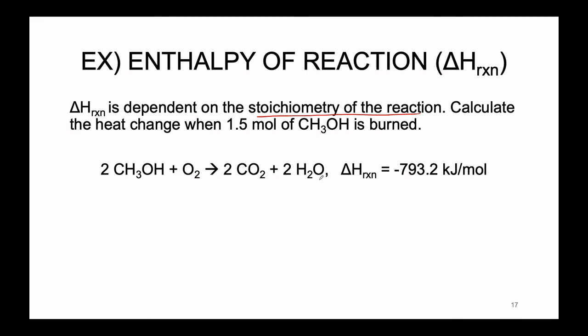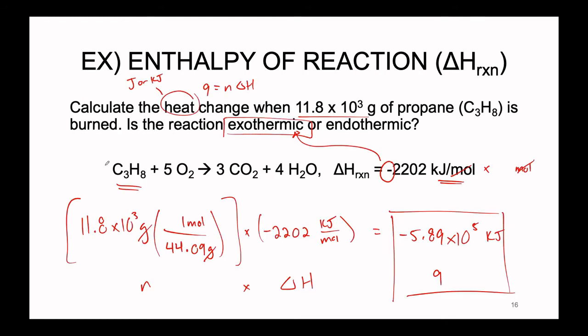And here we see a fundamental difference between our reaction here and the combustion of propane before. That difference is that there is a coefficient in front of the methanol. In our previous equation, just to go backwards, there was a coefficient of 1 in front of our propane.